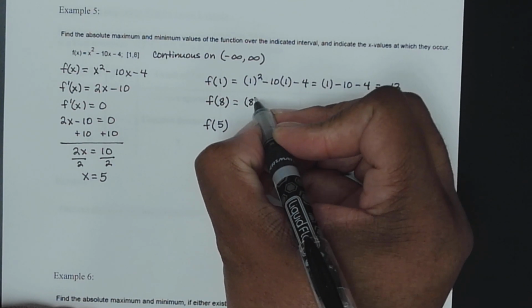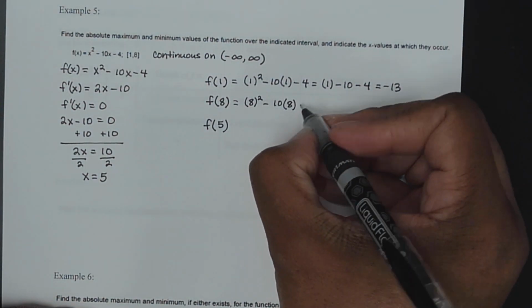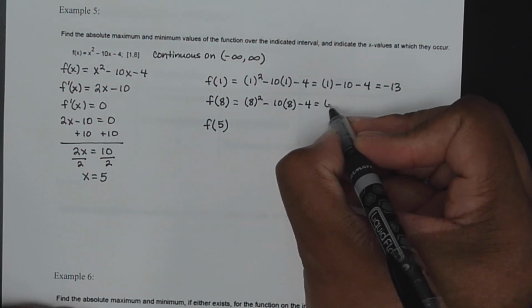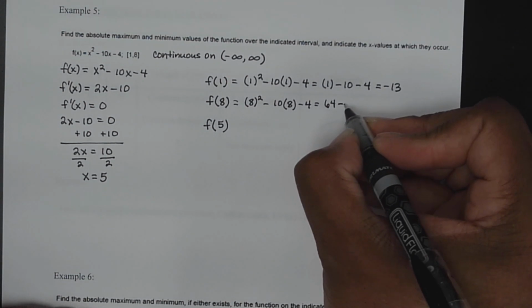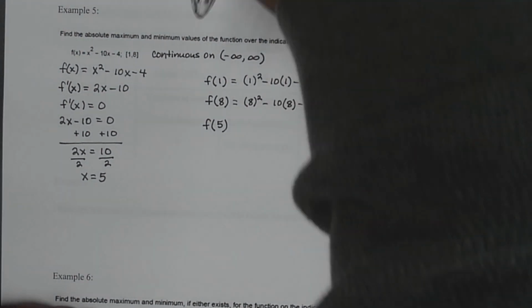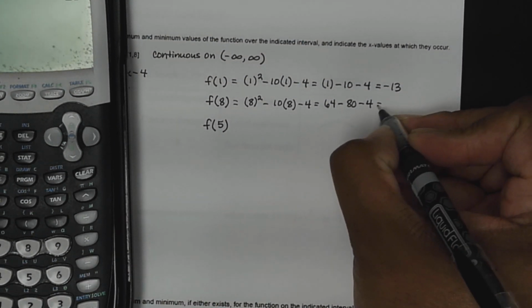So it would be 8 squared minus 10 times 8, minus 4. Here 8 squared, or 8 times 8, is 64, minus 10 times 8, which is 80, minus 4. I'll do 64 minus 80 minus 4. That ends up being negative 20.